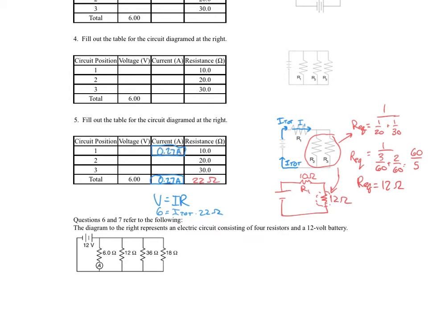So since I know the total was 0.27 amps, that's how much is also going across I1, so there's 0.27 amps flowing across there. And again, I have 2 of the 3 things. I can solve for now the voltage drop across that first resistor. So taking 10 times 0.27, I get a value of 2.7 volts.